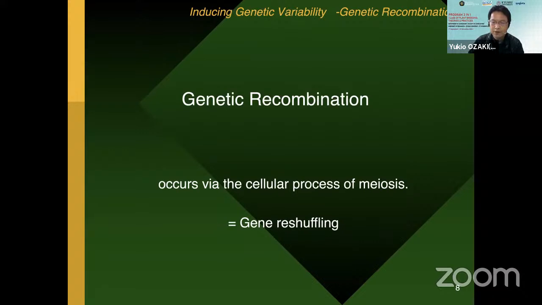Unlike mutation, which causes changes in genes themselves in order to generate variability, recombination generates variability by assembling new combinations of genes from different parents. In doing this, some gene associations are broken.